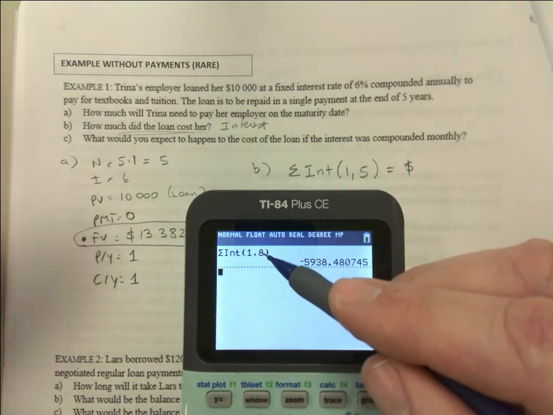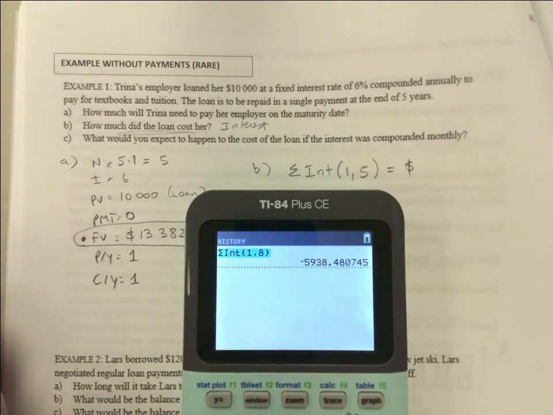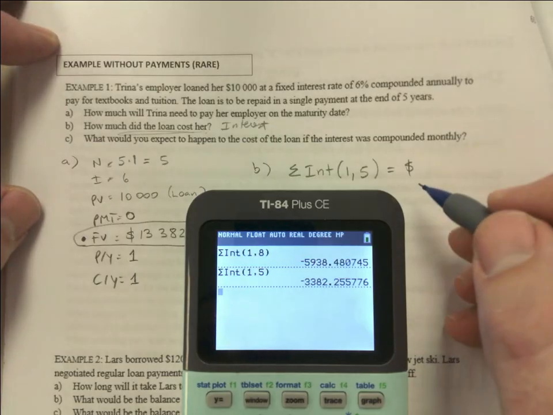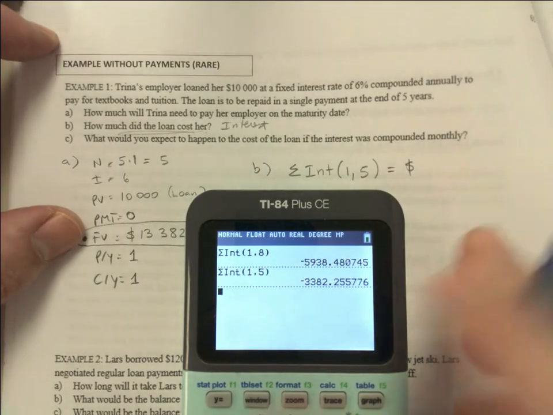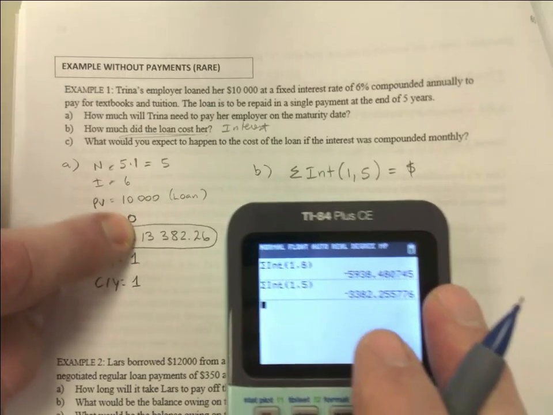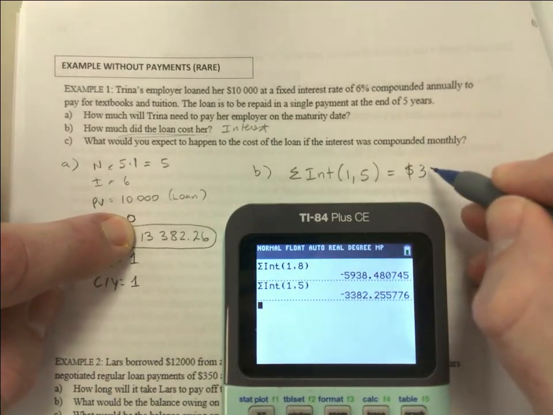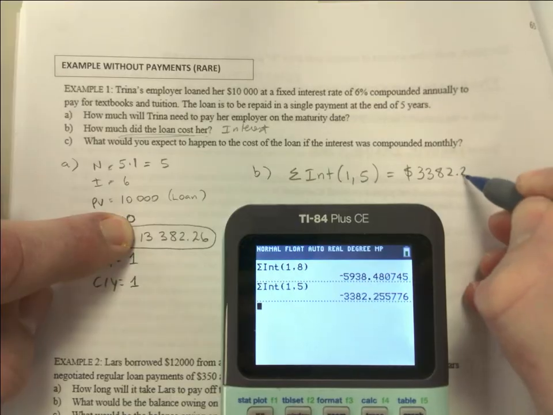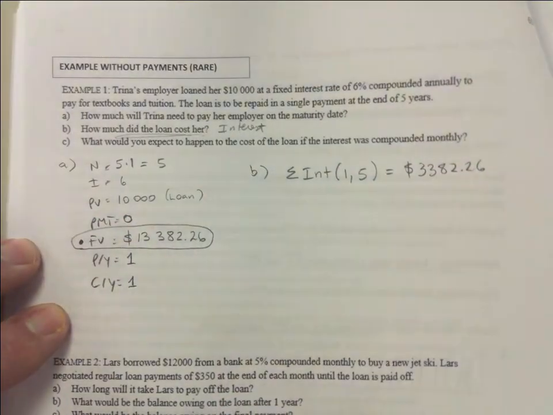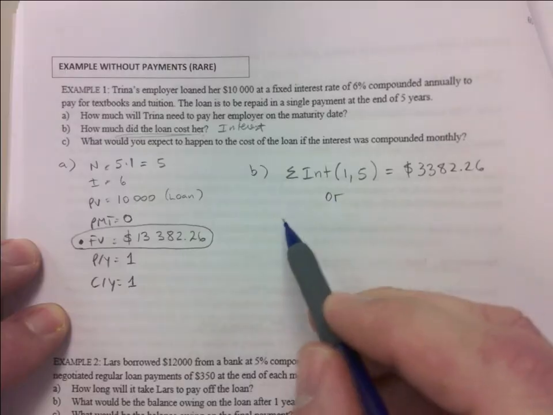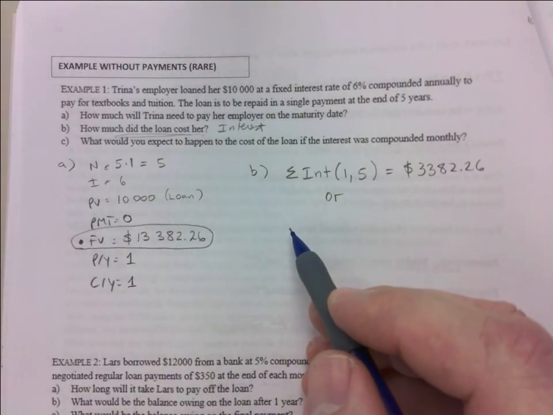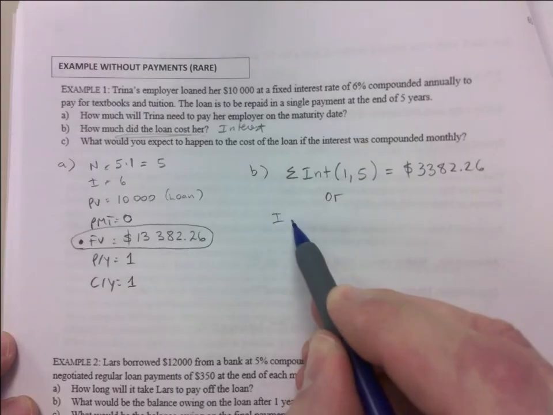Oh, sorry, yeah. Copy, paste, change it to 5. There we go. I was looking at this, it can't be. It's 3,000 something, I know it. 26, there you go. Or you can use the formula on page, what is it, 68? Interest? Yes, Sean.